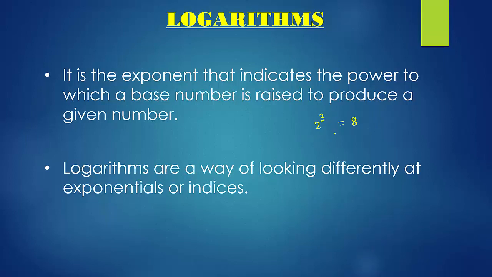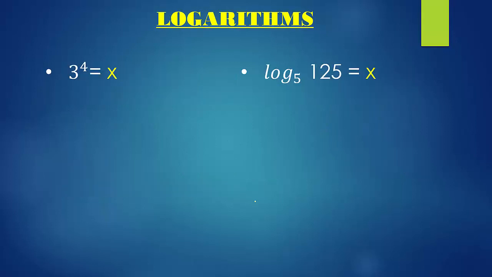The exponent that indicates the power is here 3, which is raised to the base number to produce a given number. Or logarithms are a way of looking differently at exponentials. Exponentials can be looked at differently using these logarithms. Right?